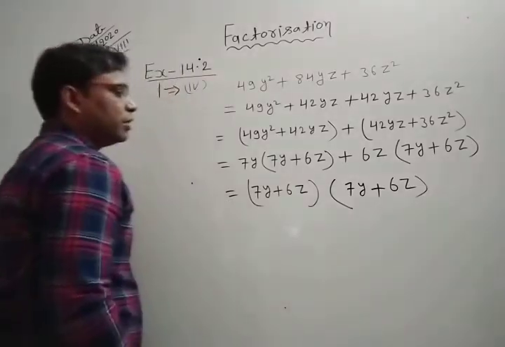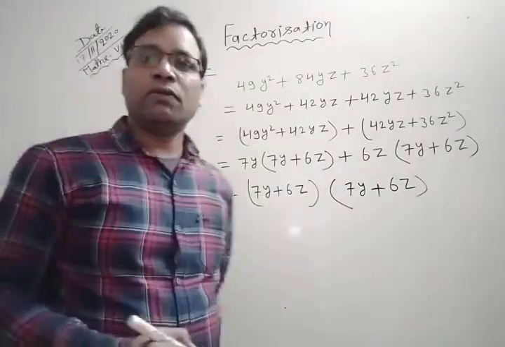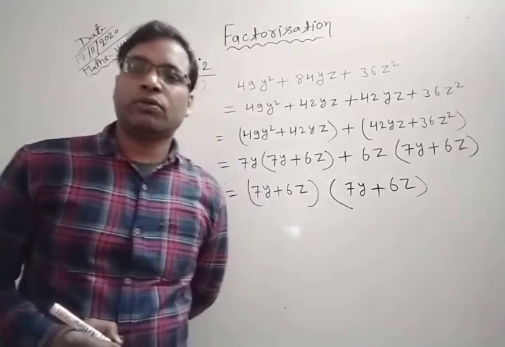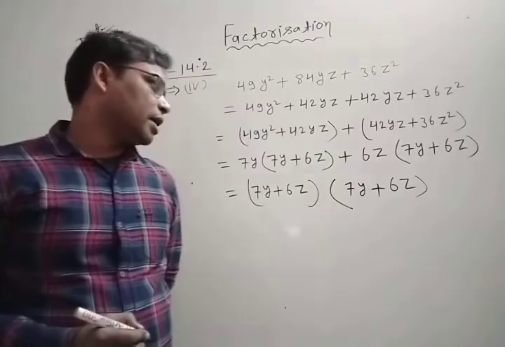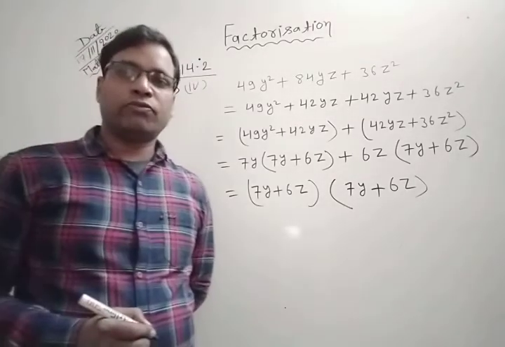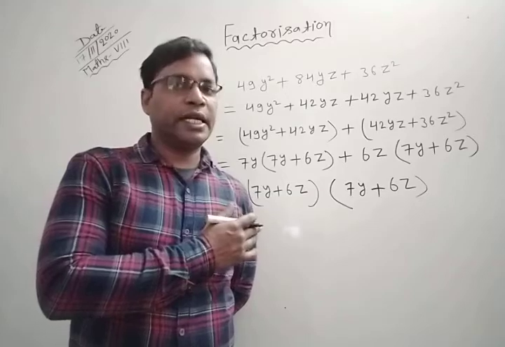So also you can see, again we find the factorization of 49y square plus 84yz plus 36z square is 7y plus 6z into 7y plus 6z. You find this factorization without using any identities.